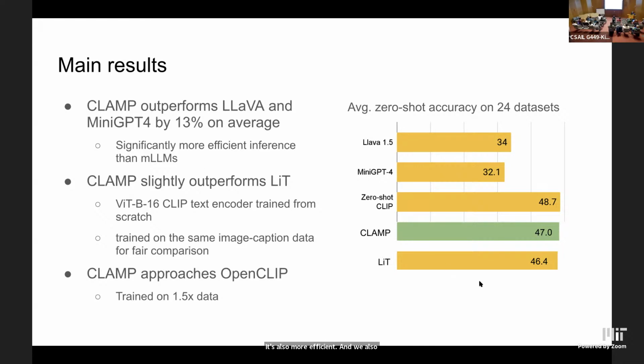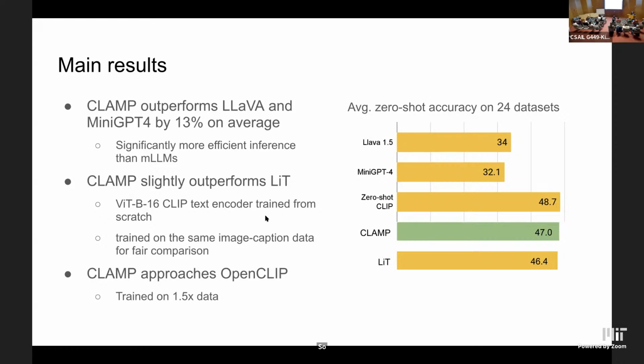We also compare it to LiT. LiT is an approach that, instead of taking a pre-trained large language model, initializes the text encoder from scratch and learns a custom text encoder just on the caption data. So you're not transferring any knowledge from a large language model that was trained on the whole web, for example, or whatever Llama was trained on. We see we can even outperform that approach.